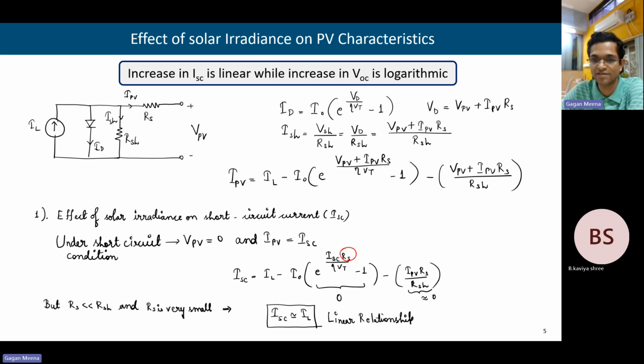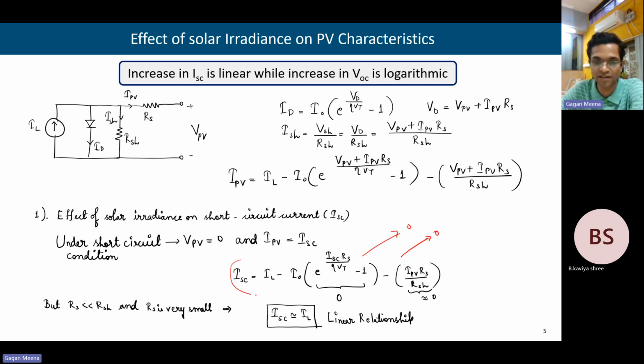Because RS is very small as compared to the shunt, this component is 0, and similarly this component is also 0 because of the small value of RS. So this becomes e to the power 0. If we consider RS very small, then 1 minus 1 becomes 0, and these two terms go to 0.